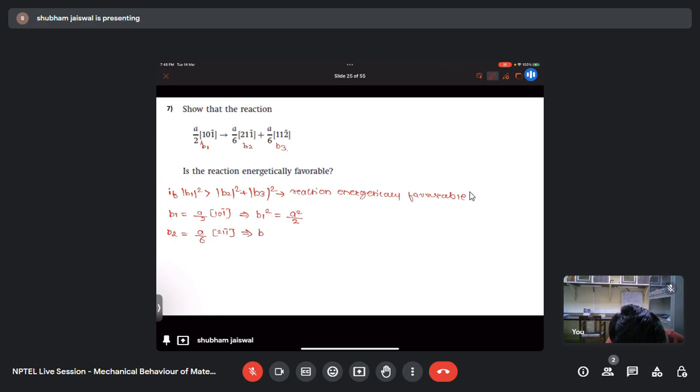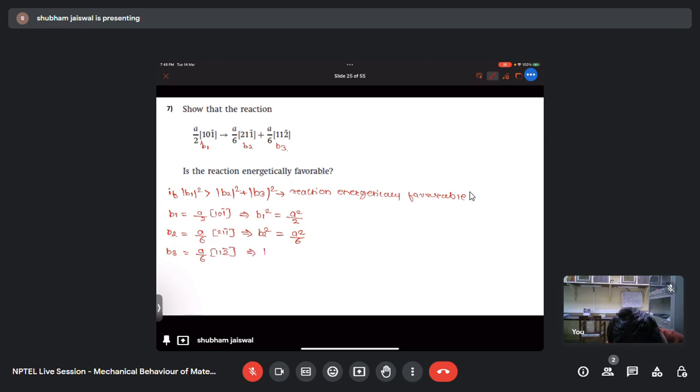So B2 square is a square by 6. Similarly, B3 is a by 6, 112 bar.